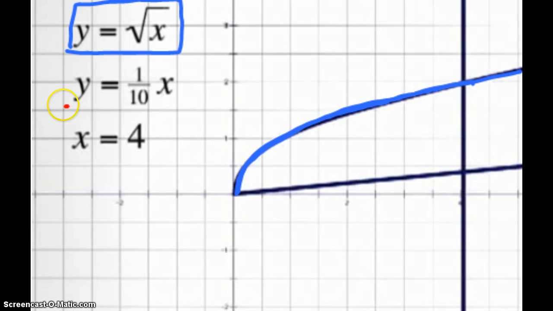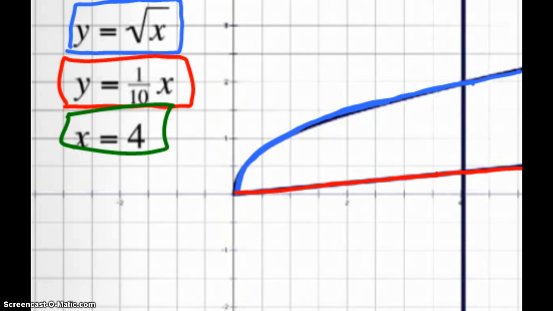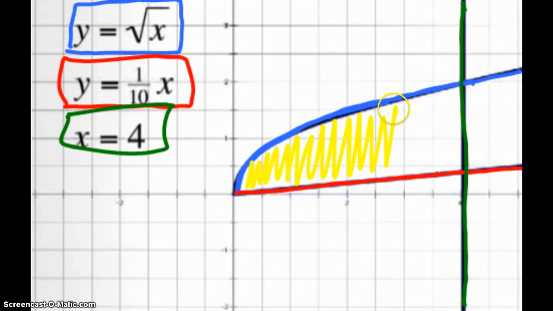But when you put it with this line, y equals 1/10 x, and then stick this vertical line, x equals 4, right in there, you end up creating a bounded region between the graphs.